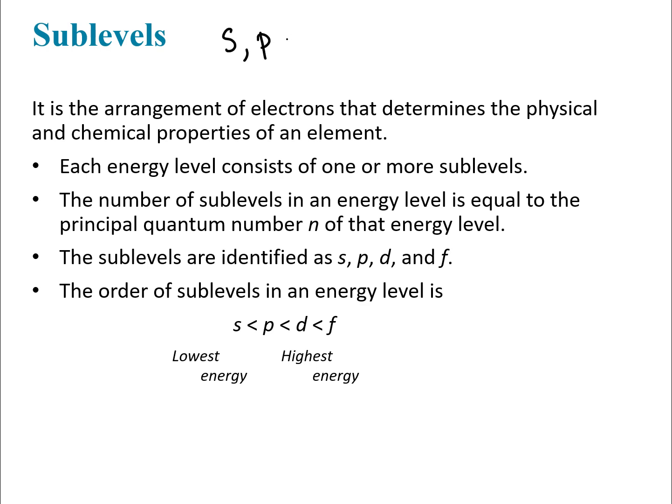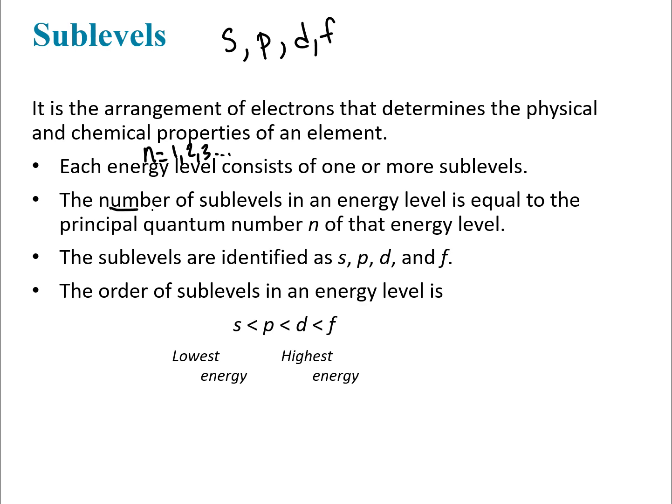Those sublevels are s, p, d, and f. And the arrangement of the electrons in these sublevels within the main energy level determines the physical and chemical properties of an element. Each energy level, so we're talking about the n equals 1, 2, 3, etc., consists of one or more sublevels.